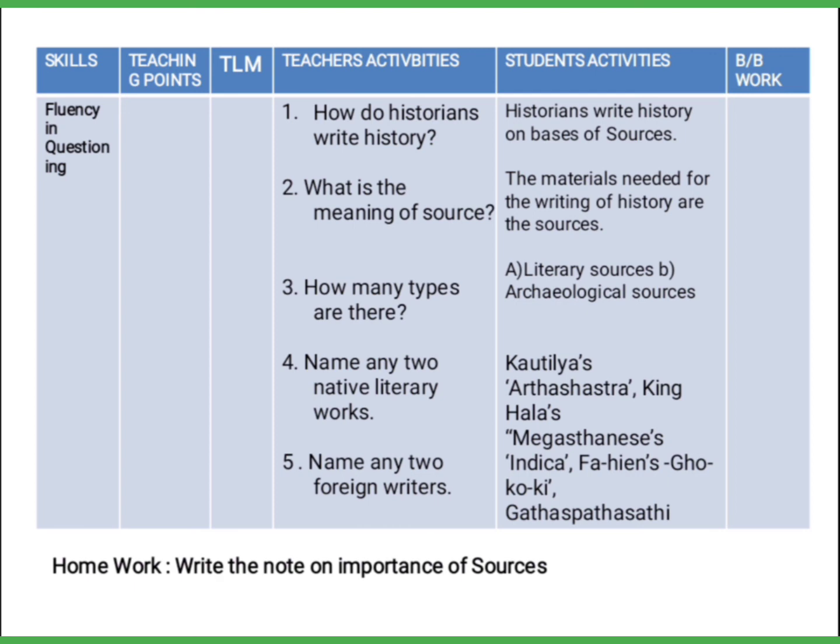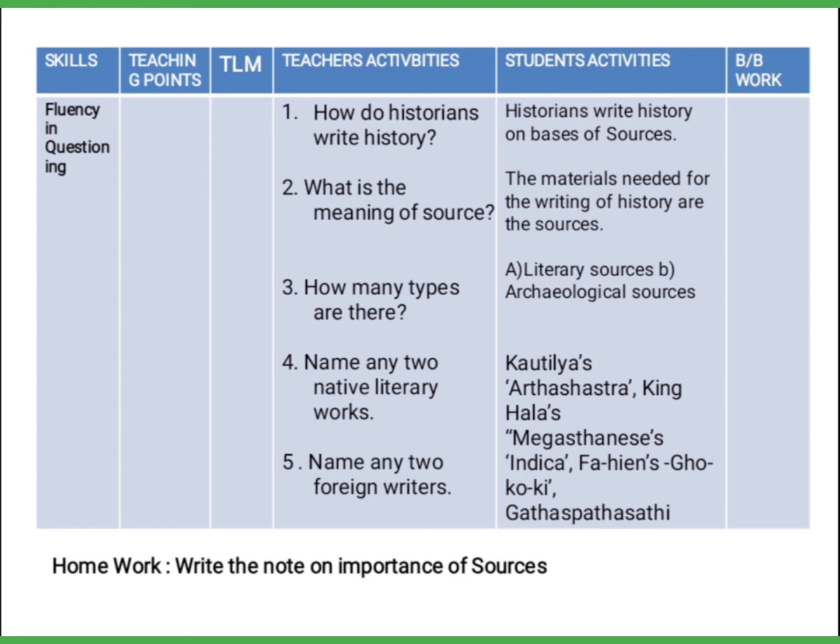Second one is archaeological sources. Then name any two native literary works. First one is Kautilya's Arthashastra. Then King Hala's Gatha Saptashati. Then name any two foreign writers. Your answer is Megasthenes' Indica. Then Fahian's Fo-kuo-ki.